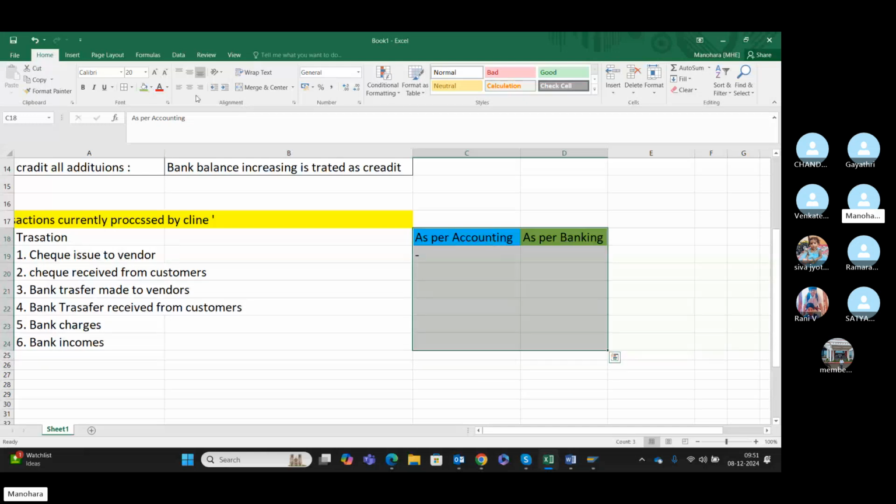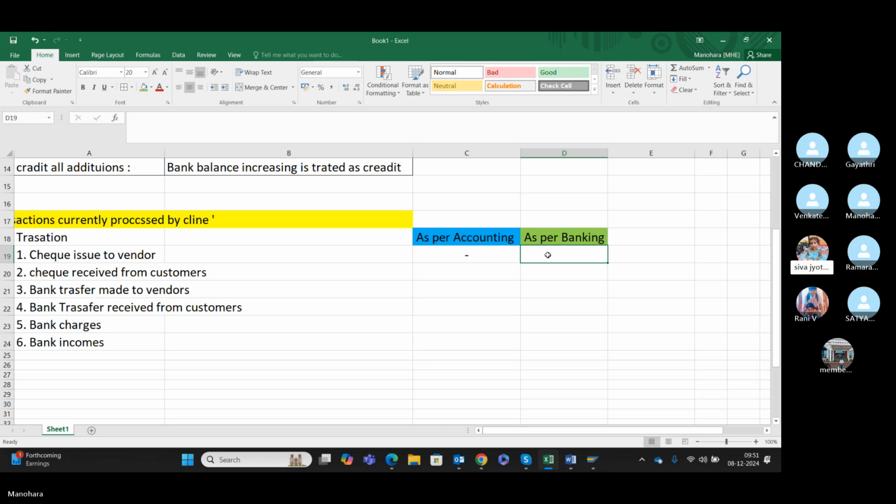Okay. And as per banking, is it a negative or positive amount if your check is issued to vendor? As per banking, if your check is issued to vendor from your bank, is it a positive or negative amount in the bank?